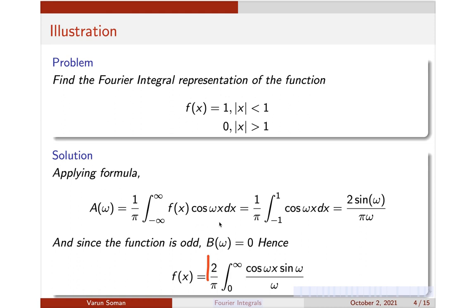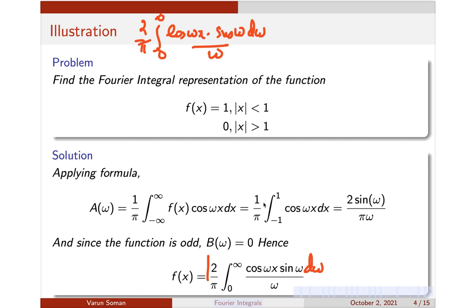Suppose you are looking at your RHS, your integral. It is simply 2 by pi into integral 0 to infinity cos omega x into sine omega by omega, and there is also one d omega here, so please put that also. Now this will actually be equal to f of x at all points of continuity.